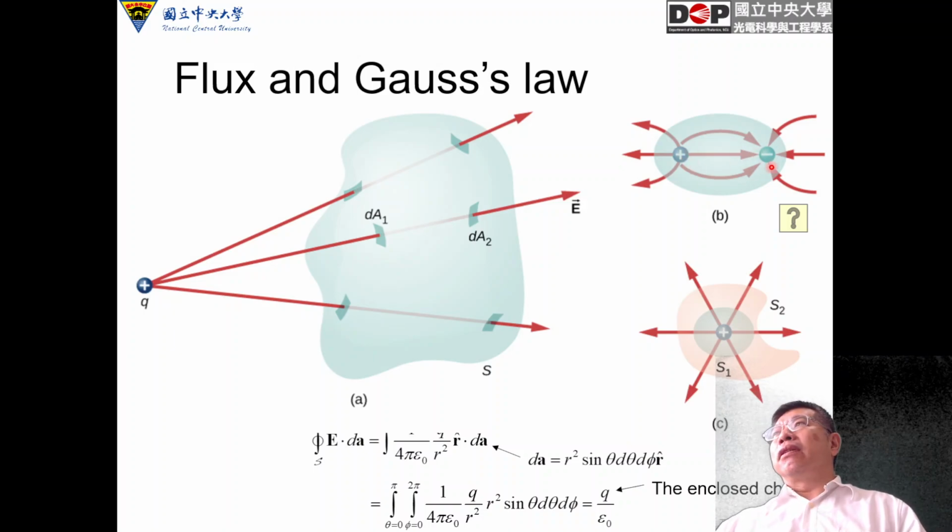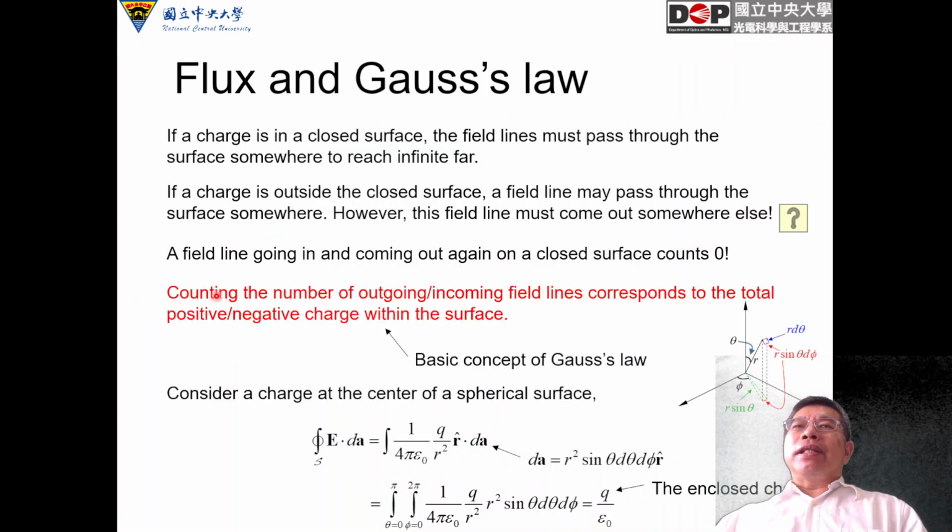So the total charge will be 0 within this volume. So that's the whole idea. Counting the number of outgoing and incoming field lines corresponds to the total positive and negative charge within the surface. That's the basic concept of Gauss' law.